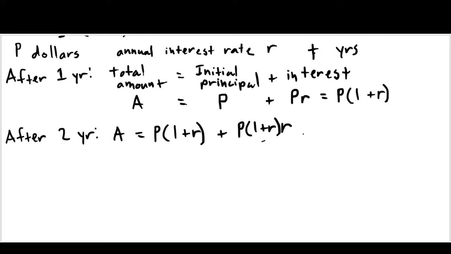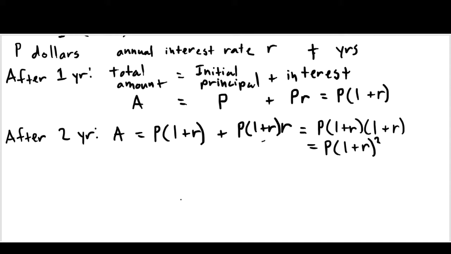And what you can do is pull out a common factor of P times 1 plus R from that. You get that this equals P times 1 plus R squared.